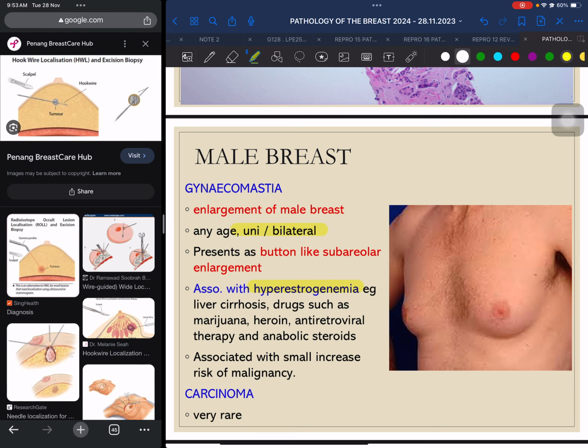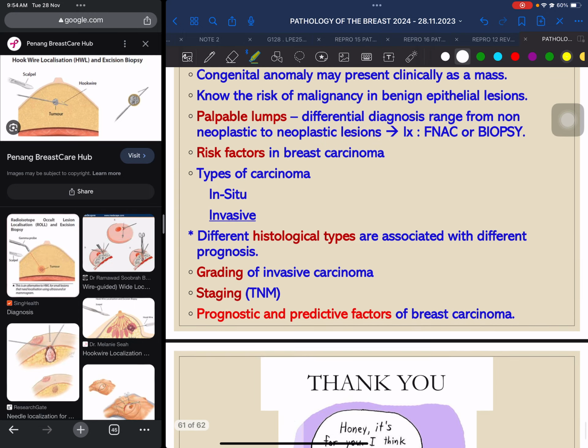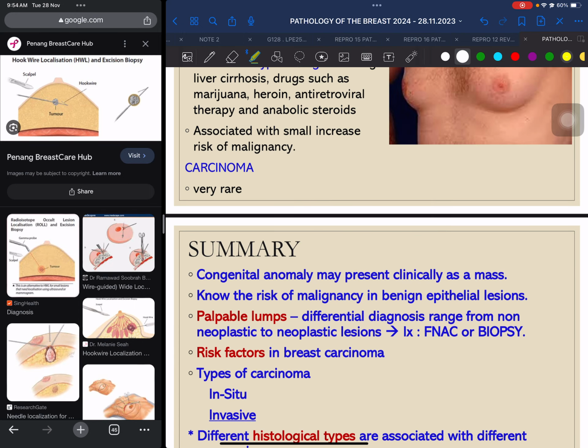Right? Okay, alright. For male breast, you can get gynecomastia. So this is simply an enlargement of the male breast. It can occur at any age. They can be unilateral or bilateral. They can present as button-like subareolar enlargement.